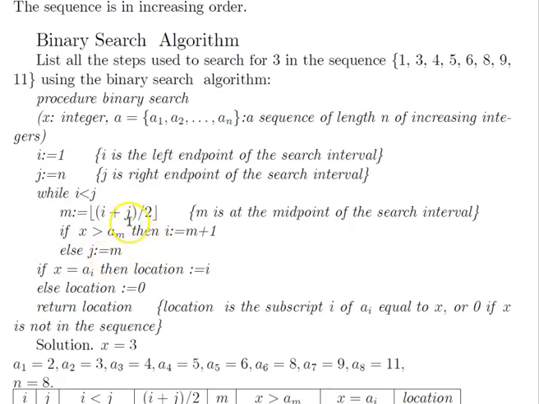This is approximately the midpoint of the interval. If x is bigger than a sub m, then i takes value m plus 1, else j takes value m. That is, the search interval is corrected.